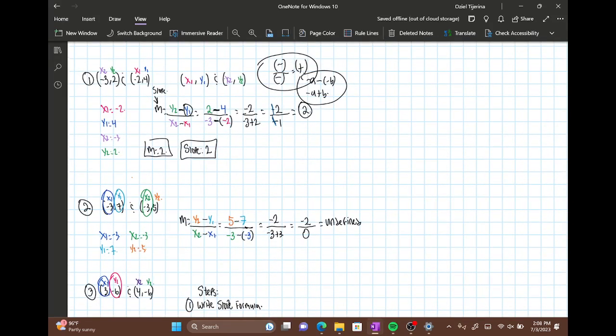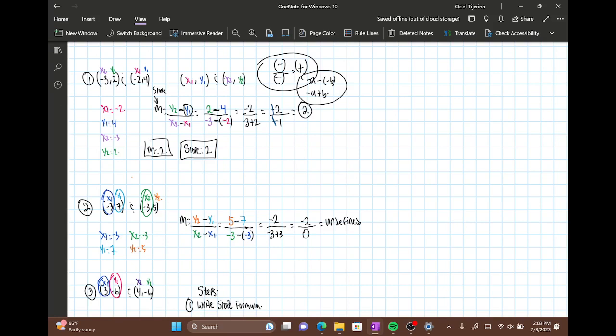In the next video, I am going to go over more in depth the graphic representation of how to do slope and y-intercept.